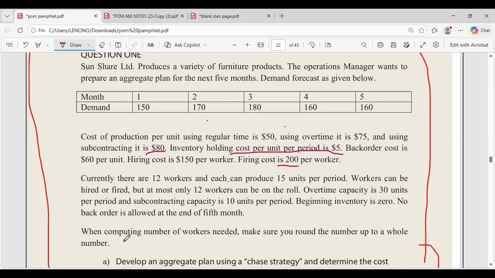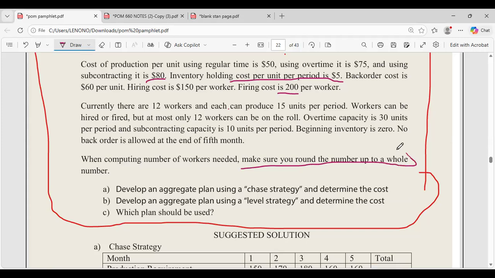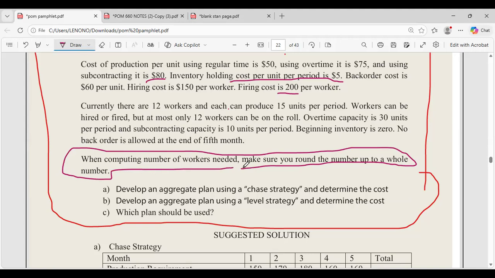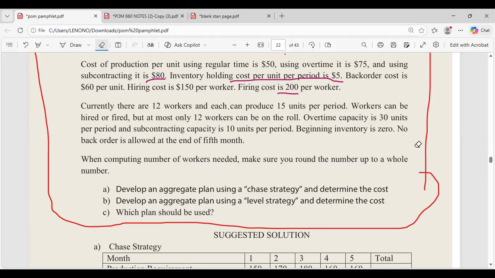So when finding the number of workers, you round up to the whole number. You round up, not down. Even if it's 10.9 or 10.5, you round up to the whole number. What about if it's not given in the question?